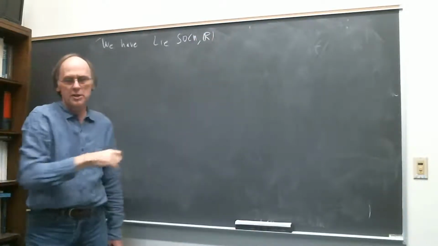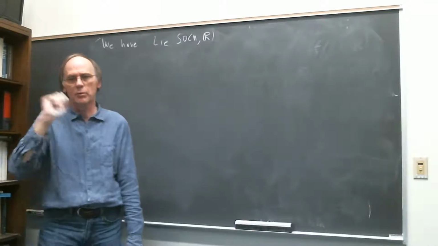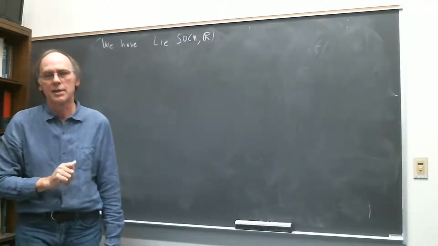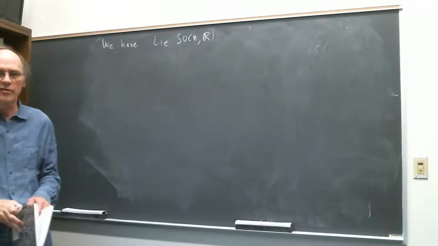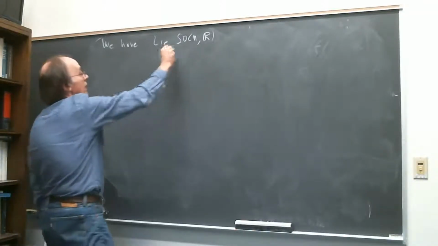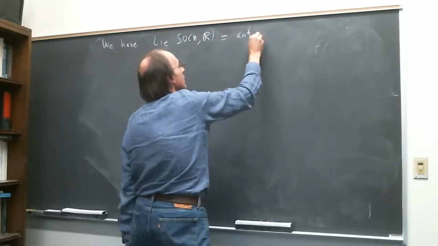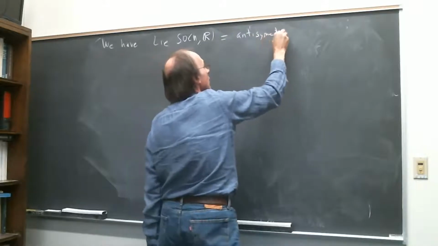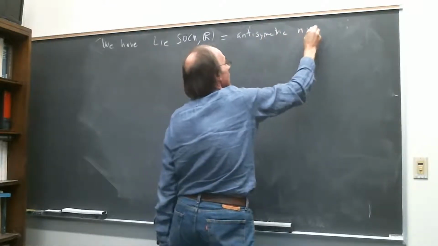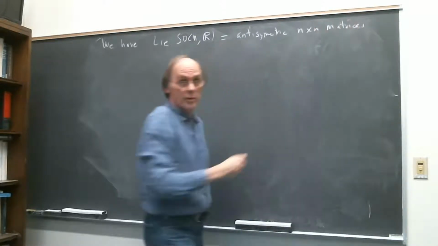When I'm doing these calculations, I'm assuming that all of the signs are positive. I'm just going to do the positive definite case, because otherwise there are too many signs to keep track of. But you can generalize this. So the Lie algebra of this is the antisymmetric n by n matrices. We know that.